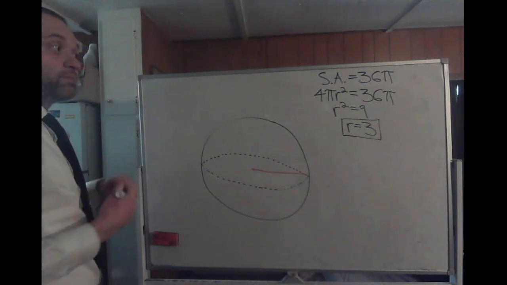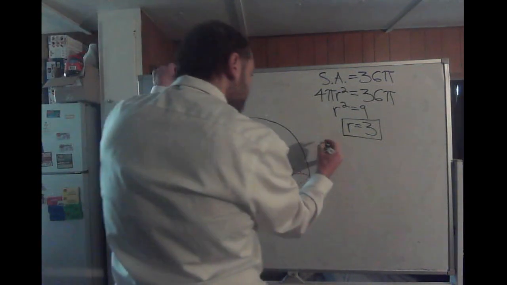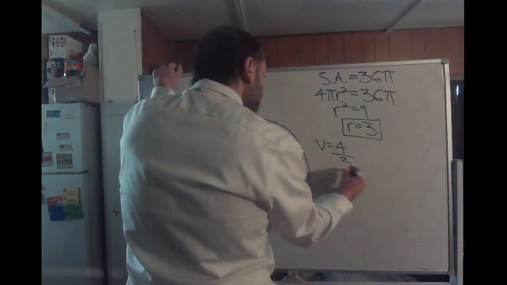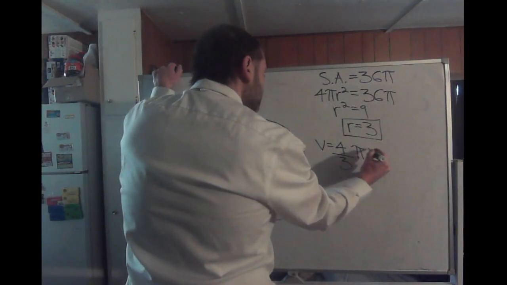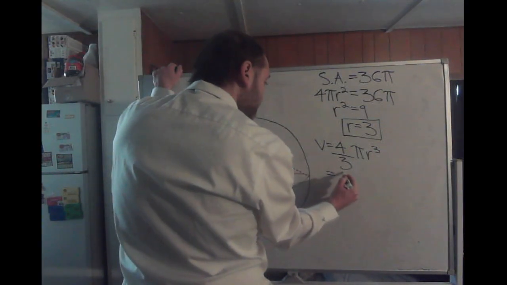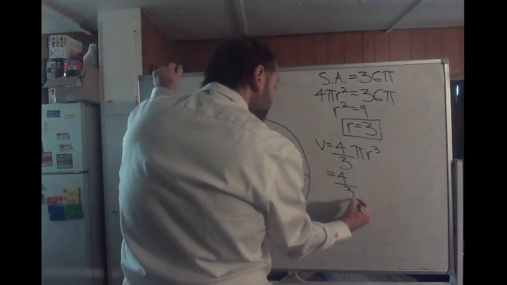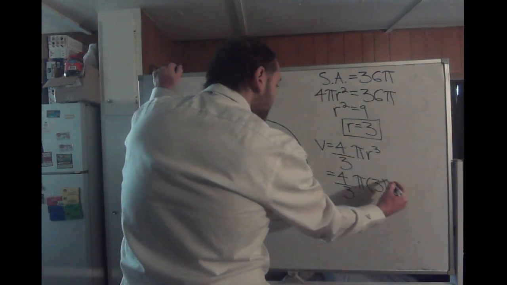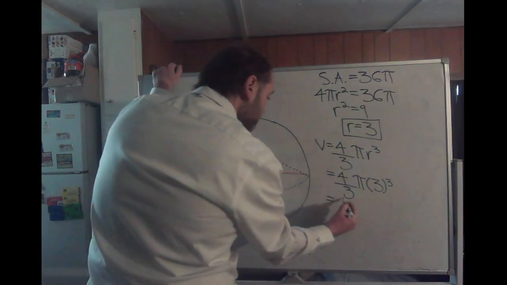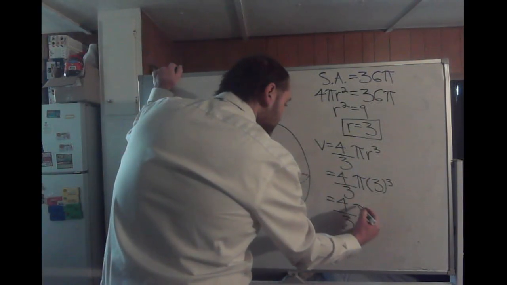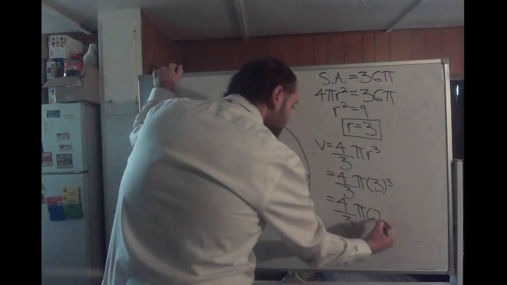Now we can go from there and find the volume. The volume, of course, would equal 4 over 3 times pi times the radius to the third power, which would equal 4 over 3 times pi times that radius of 3 to the third power, which would give you 4 over 3 times pi times 27.